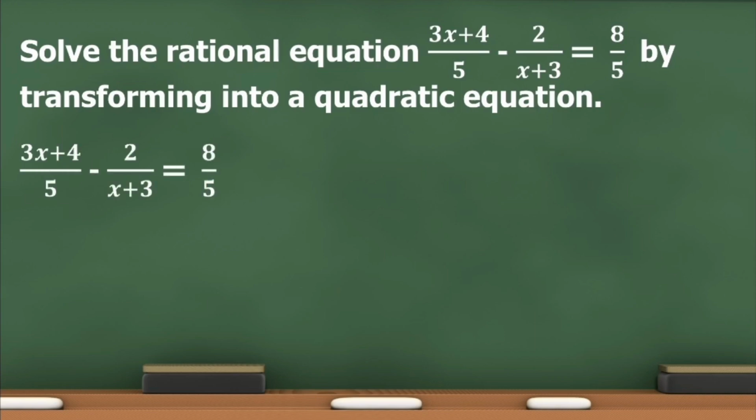Okay, so kunin natin yung kanyang least common denominator or yung least common multiple. So, ang least common denominator niya class is 5 times x plus 3. So, again, i-multiply lang natin yung each term sa ating least common denominator.